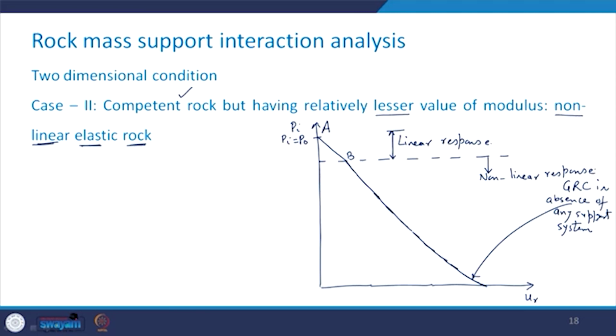Now, let us say that we can allow the deformation corresponding to this point B, which is Ur at B. Then the stiffness which is required, as you learnt just now, is going to be something like this. That means you just draw a straight line from this point to B.